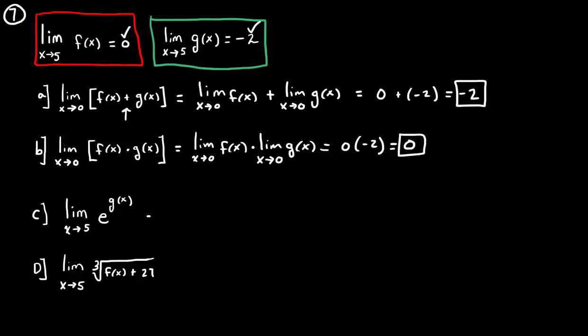Okay, the next one. The reason I'm showing this one here, part C, is we apply the limit to the functional part. Let me go over here to the side to explain it. Suppose I had the limit as x approaches 1 of 5x plus 2.